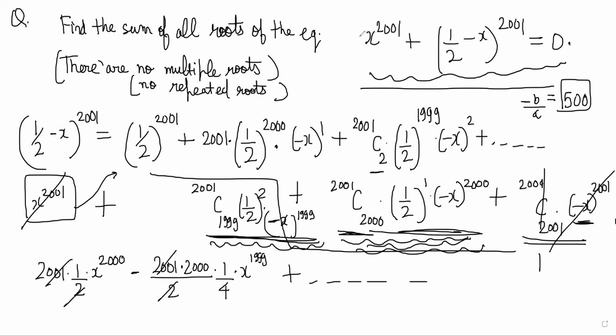This equation is coming out to be an x^2000 sort of equation, right? Correct. Yes, sir. So there should be a total of 2000 roots, right?